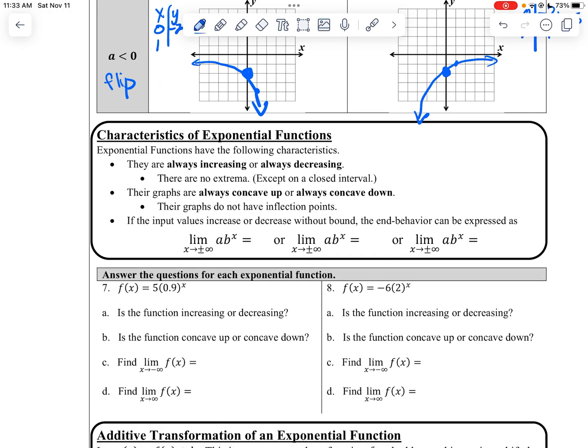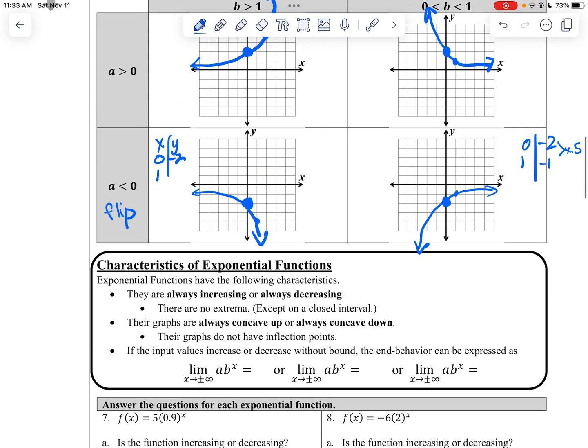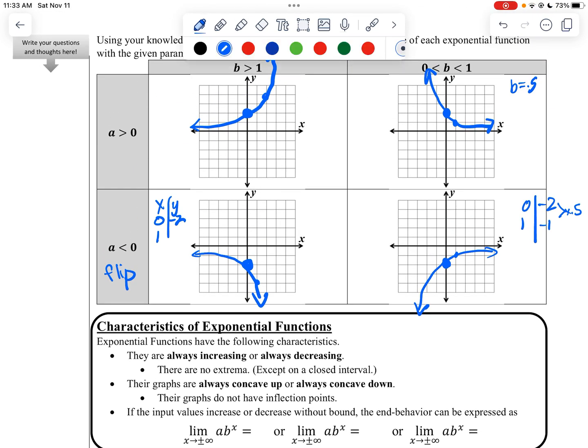So a couple characteristics here. You're always increasing or decreasing. So if we look back up here, we could say this one's increasing, right? This one's decreasing. This one's decreasing. And this last one is an increase.